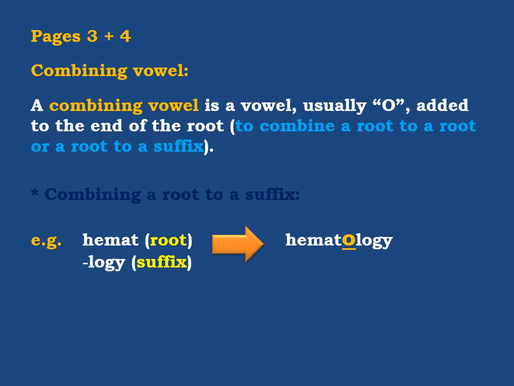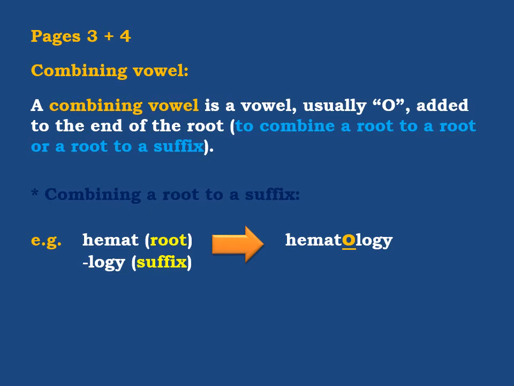If you want to combine them together to make a medical term, it becomes hematology. Now, the pronunciation of this term, hematlogy, is a little bit difficult. So in this case, we need a vowel to make the pronunciation smoother and easier. That's why if you look at the full word after the arrow, hematology.